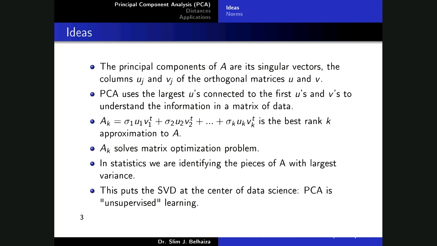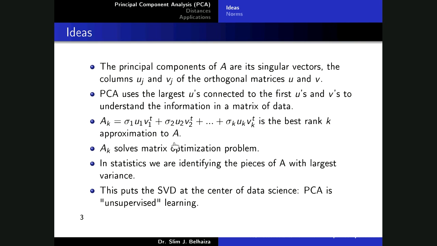So we said that the principal components of a matrix A are its singular vectors. These singular vectors represent the columns of two orthogonal matrices, U and V. The main idea is that PCA uses the largest singular values connected to the first columns in U and V to understand the information in the data matrix you have, to obtain an approximation matrix AK, the SVD formulation, which is the best rank K approximation to it.